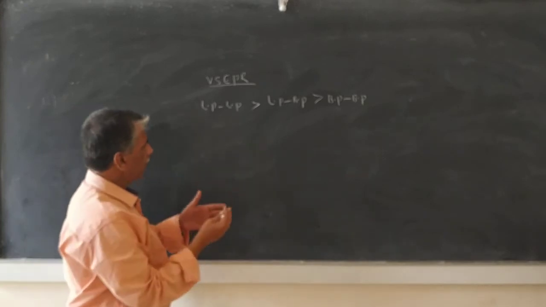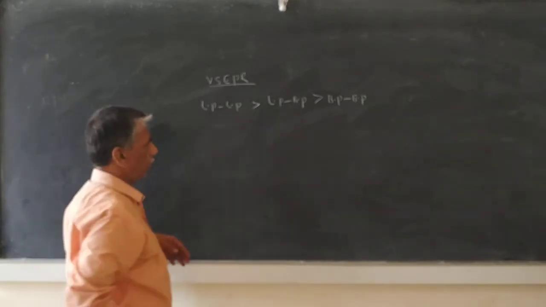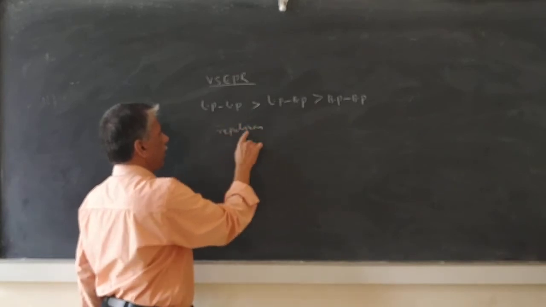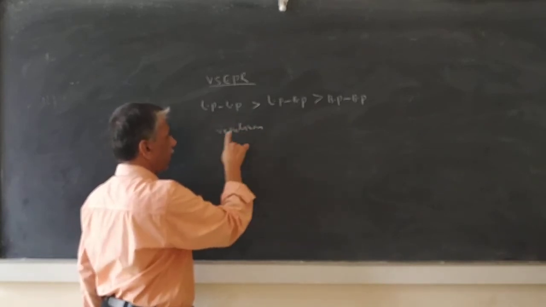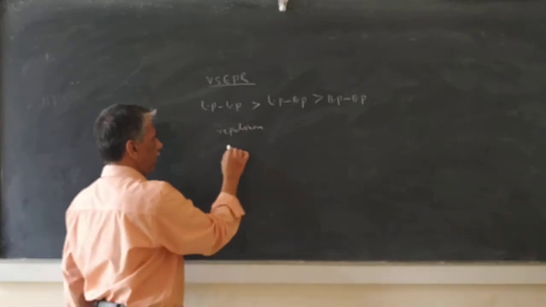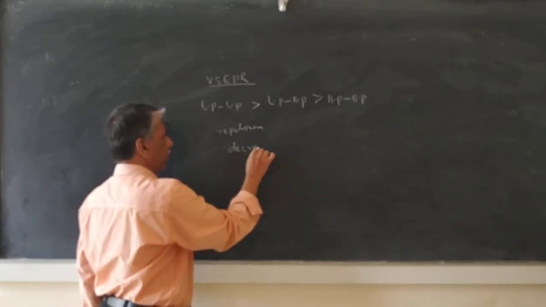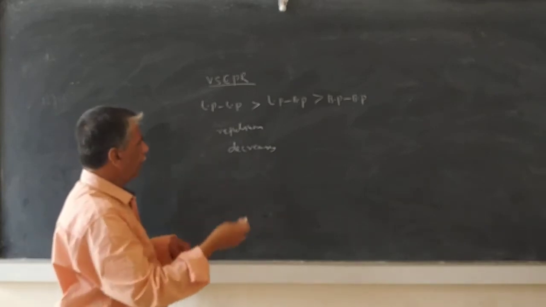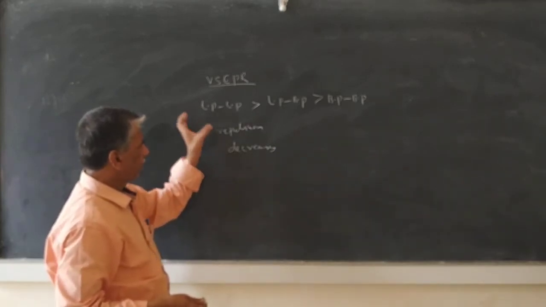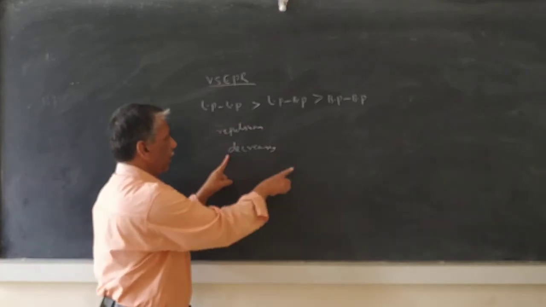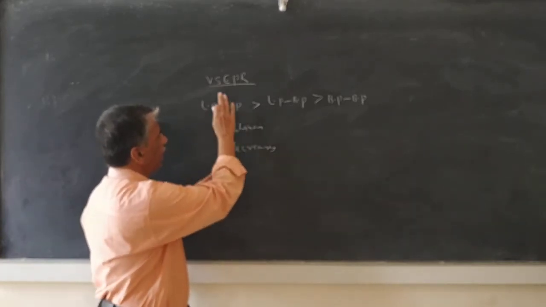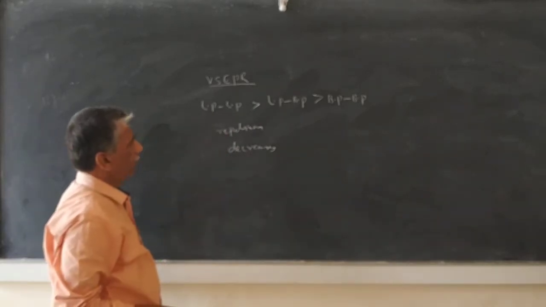If a molecule contains two lone pairs of electrons, then the repulsion is high. When the repulsion is high, the bond angle decreases. Whenever there is more and more repulsion in such molecules, the bond angle goes on decreasing, and this is the condition according to VSEPR theory.